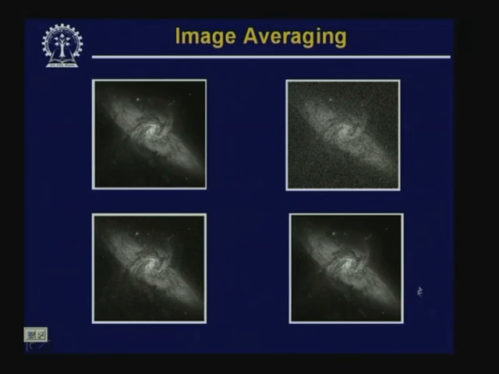The last one is an average image, where the average is taken over 128 frames, and here the number of frames is less. As is quite obvious from this, as you increase the number of frames, the amount of noise in the processed image is less and less.